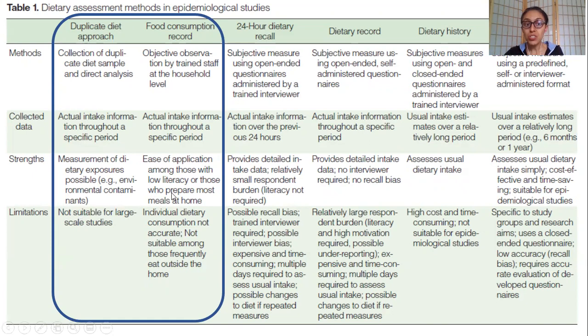So yes, the food consumption record and duplicate diet approaches are a very convenient tool when you're doing this in a population which has low levels of literacy or understanding, or means to support your work, where you just have to go in and do all of that. But they are not suitable for large epidemiological studies.